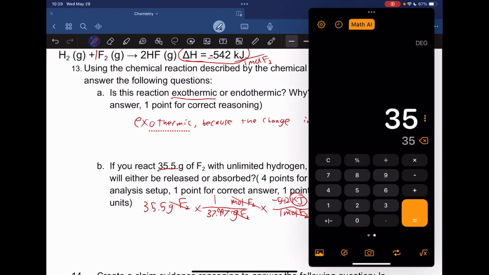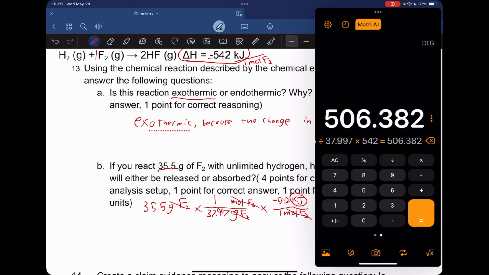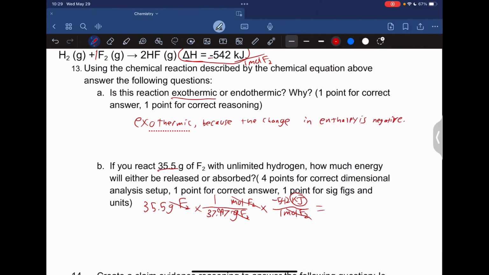So we got 35.5 divided by 37.997 times 542, and that equals 506. Now, 3 sig figs is 506 kilojoules of energy. Now, it says either released or absorbed. This is going to be released. So if you want, you can keep that negative there.